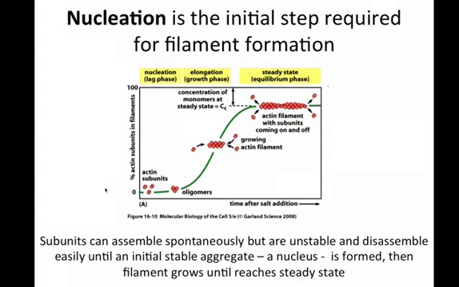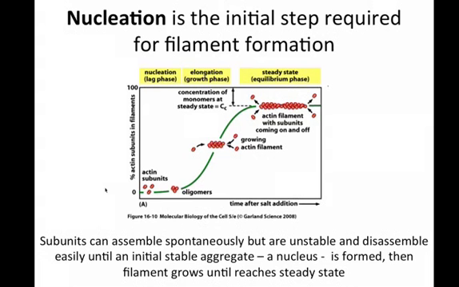But until they form that oligomer, which is actually the nucleus, so it's not the nucleus where your DNA is. It's just a stable aggregate of monomers, which form a stable oligomer. Then you'll get this rapid actin filament growth, or microtubule growth, until you reach your steady state.